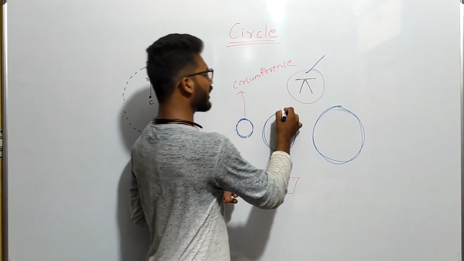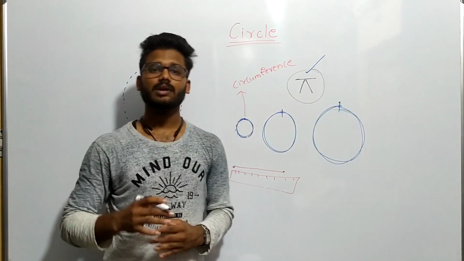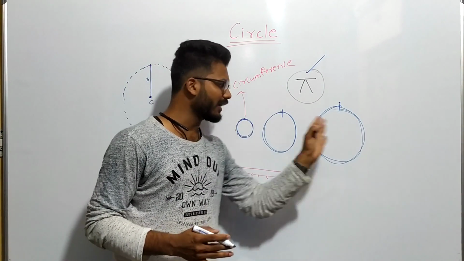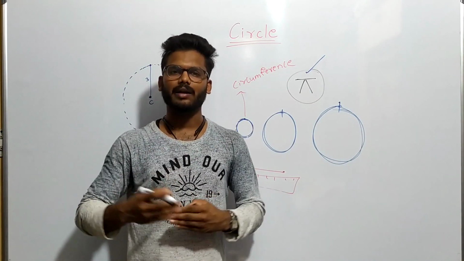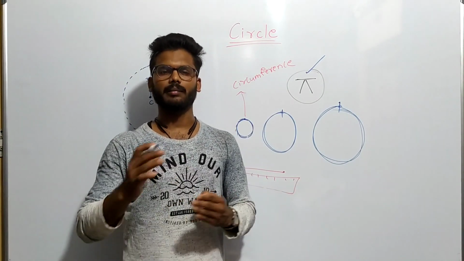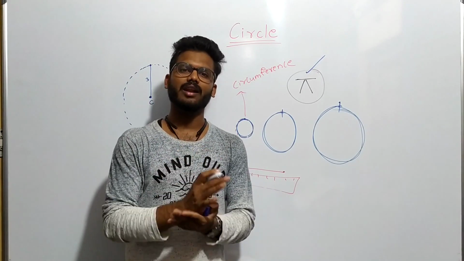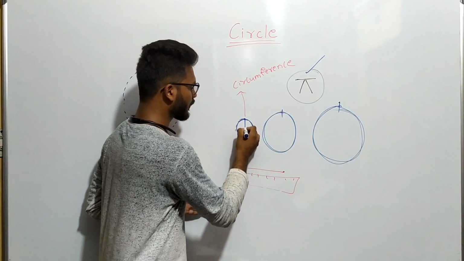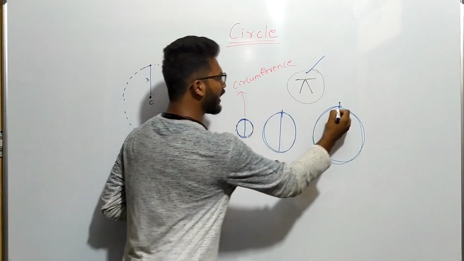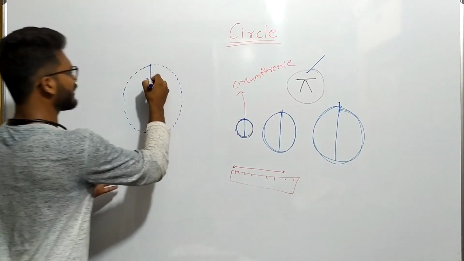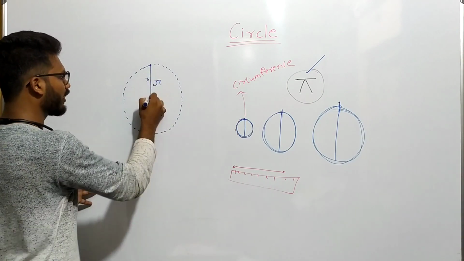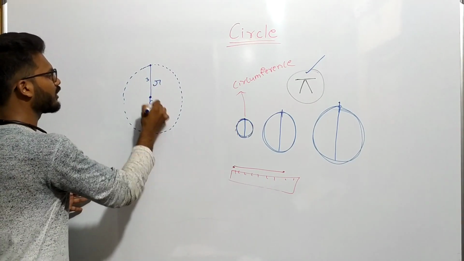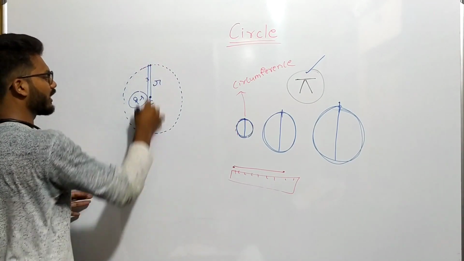And after finding circumference for many circles, what our mathematicians have found out? Our mathematicians have found a very interesting thing. When they are finding the diameter, see the distance here we call it as radius, and this, if you double the radius 2r, we call this as diameter.